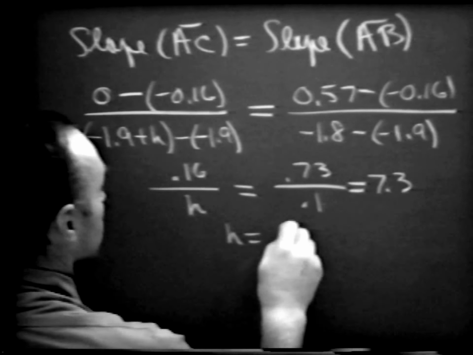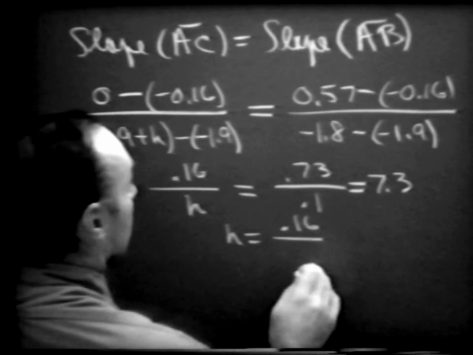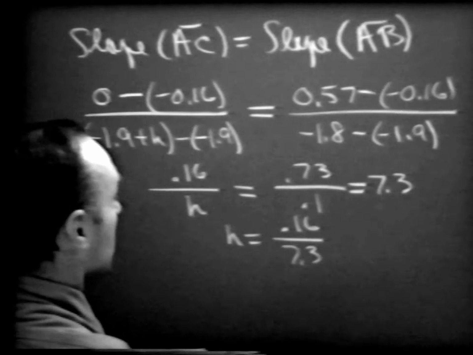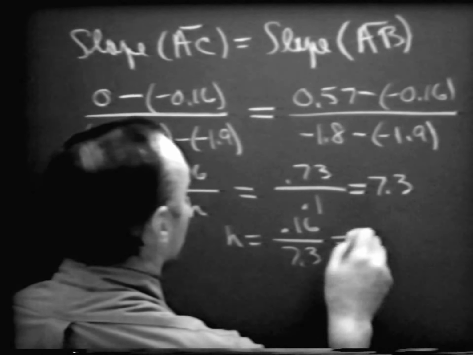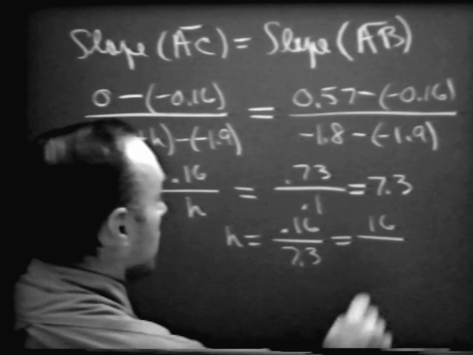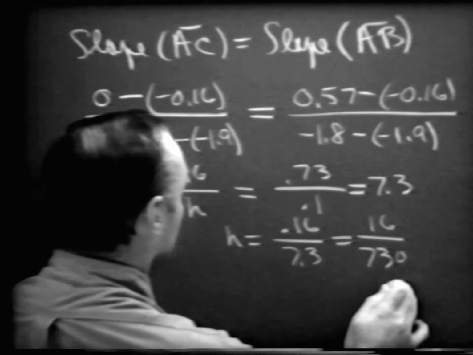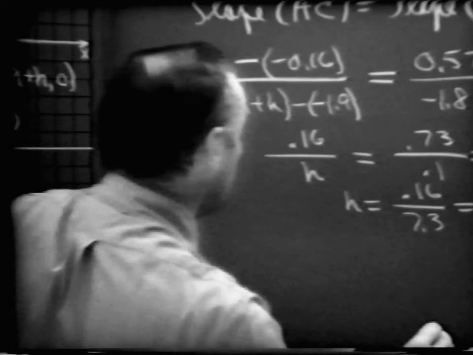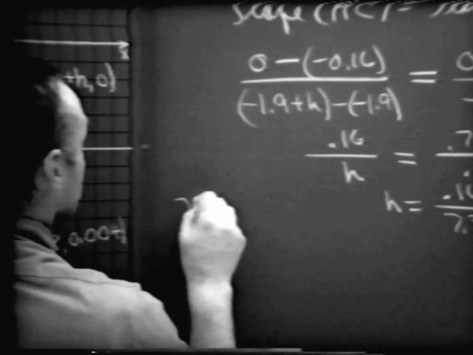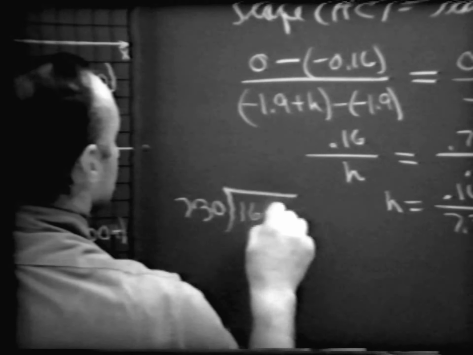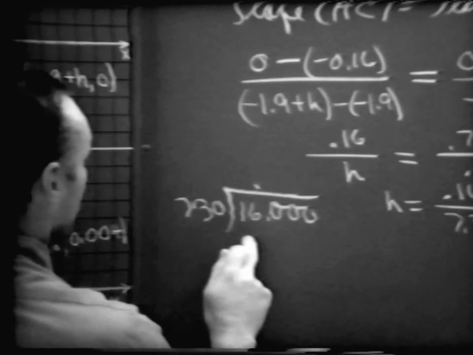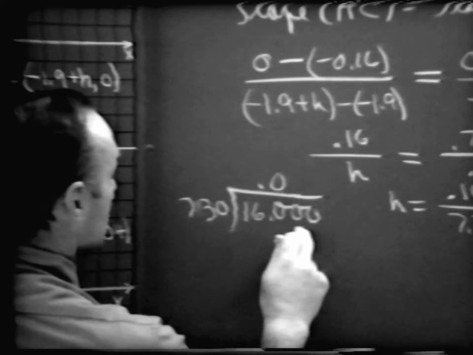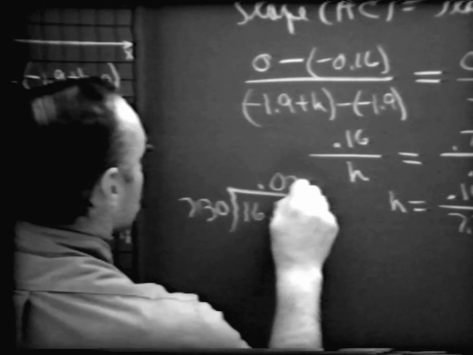h then is going to be equal to 0.16 divided by 7.3. Let's multiply this by 100, and that then is 16 over 730. Let's try to get this to the nearest hundredth of a unit. Let's do a little bit of long division here: 730 into 16.000. There's a 0. 730 into 1600 goes twice.